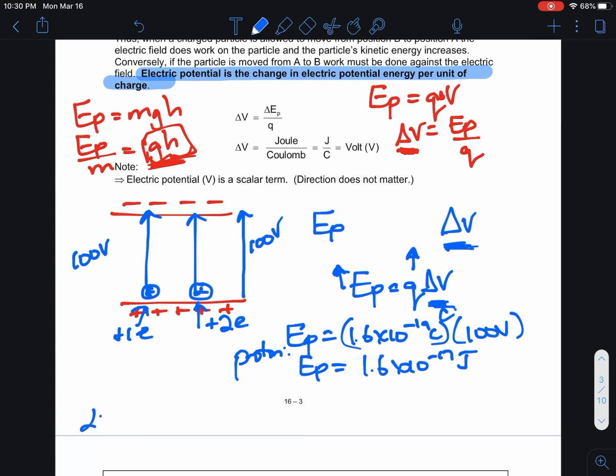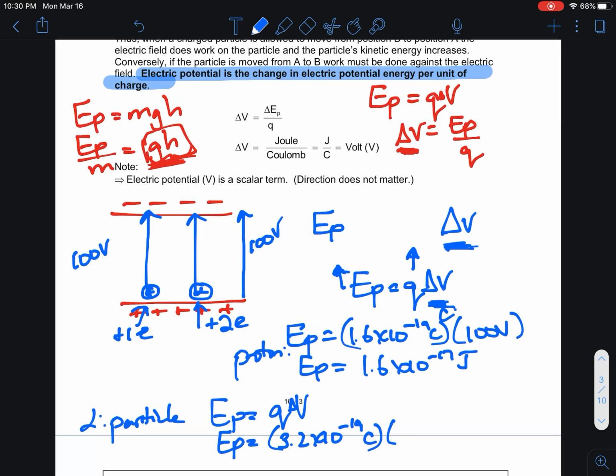The alpha particle has double the amount of charge. So to calculate its potential energy, its charge and its potential difference again will be multiplied together. The alpha particle has a charge of 3.2 times 10 to the negative 19, that's on your formula sheet, so double the charge of a proton. It will also pass through 100 volts.